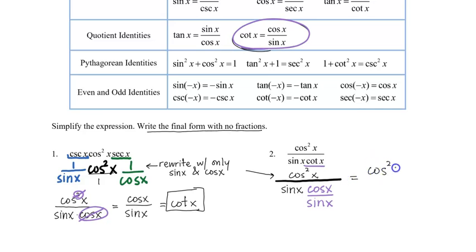In the numerator, we only have a cosine squared x. And then in the denominator, I'm going to multiply these fractions and see that the sine x will cancel and only leave us with the cosine x in the denominator. And then with the cosine squared over a cosine, we can cancel one of those cosines and be left with only cosine x as our answer for number 2.